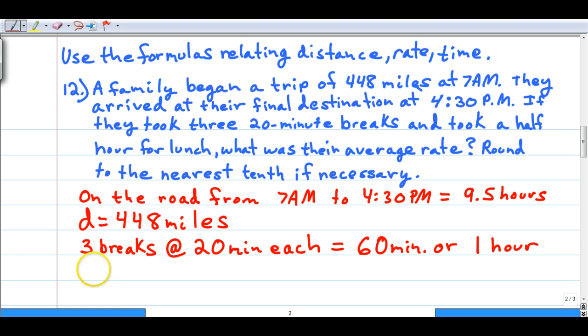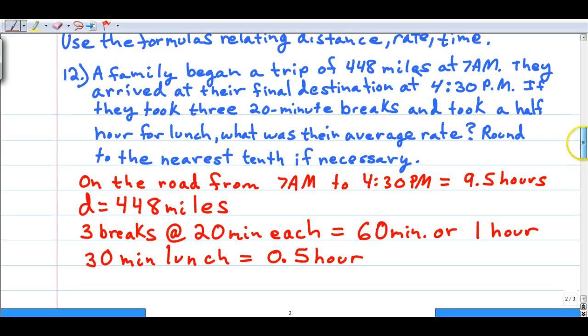They also took a half hour for lunch. So 30-minute lunch, which equals half an hour or 0.5 hours.